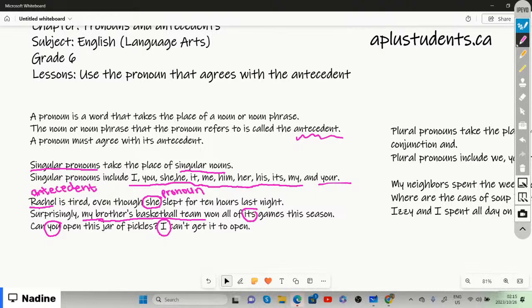And we see the pronoun is a word that takes the place of a noun or noun phrase. The pronoun can be I, you, she, he, it, him, her, referring to someone or something. And then we said we have singular pronouns, which take the place of a singular noun.